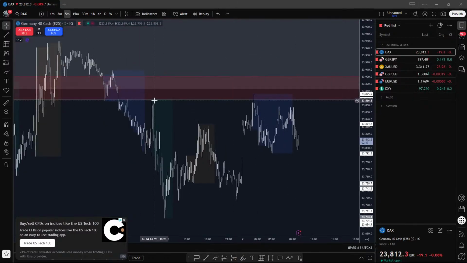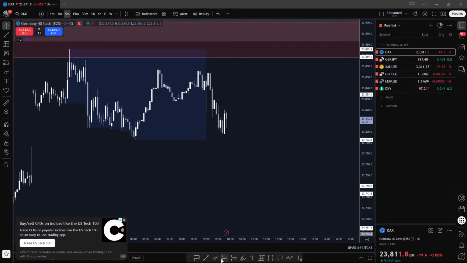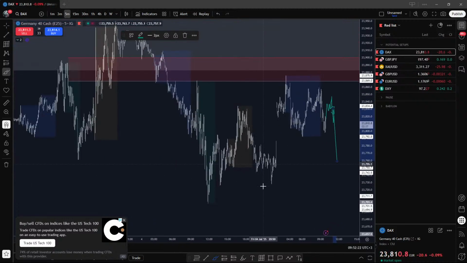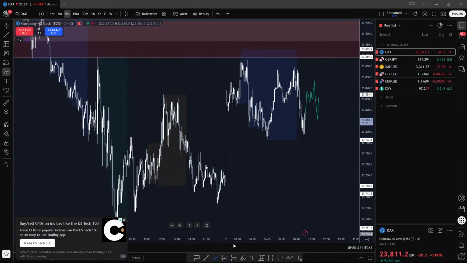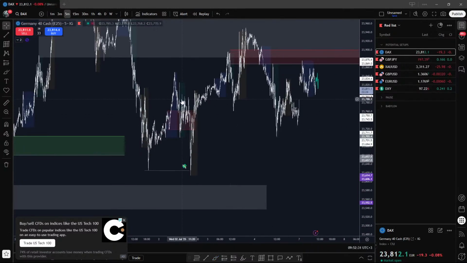We swept London highs here, and we had that rebalance of the supply, so we might get something like this, and then we look to target. This is going to be pretty low resistance. I mean, not really low resistance, because we have this, which is slightly dangerous, I would say, because it's also this area.